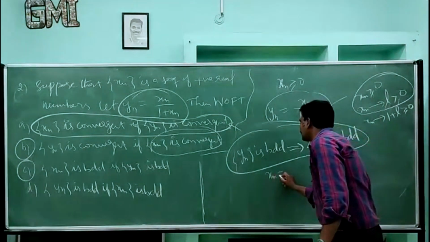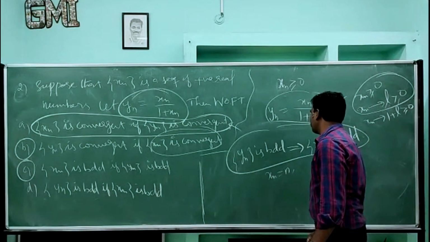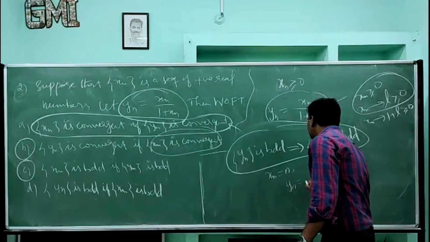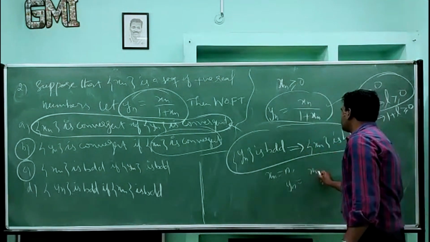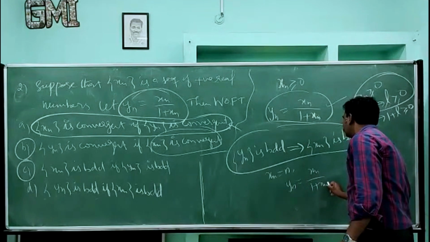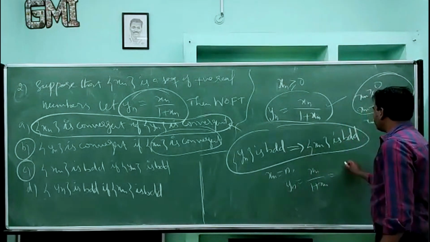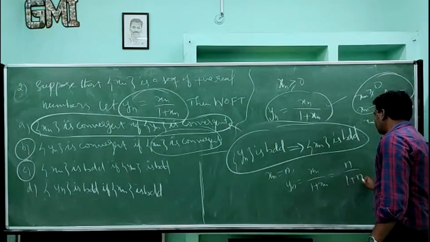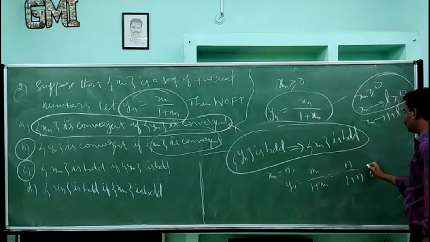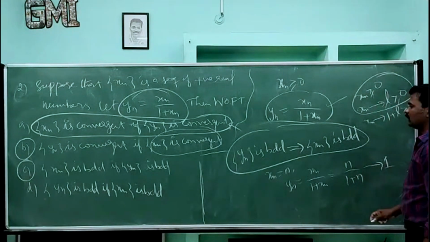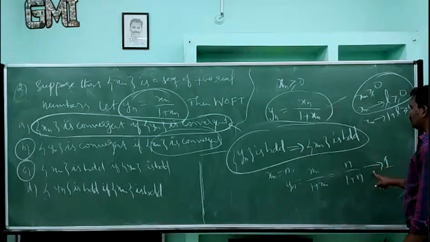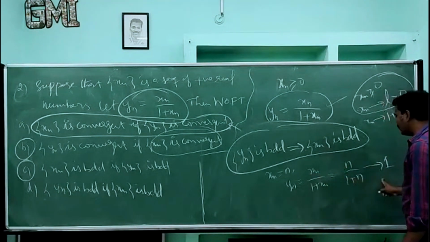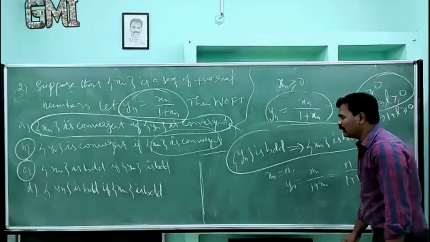So I can choose xn equal to n and yn equal to xn by 1 plus xn, which is n by 1 plus n. The same example will work. This goes to 1, so yn is convergent, which means bounded. Convergent implies always bounded, right?